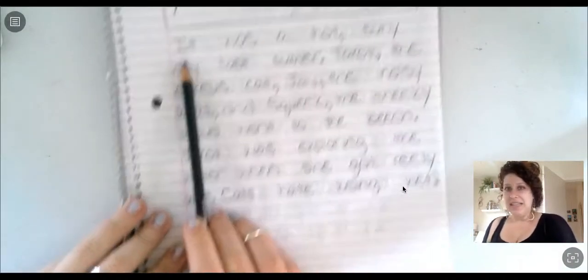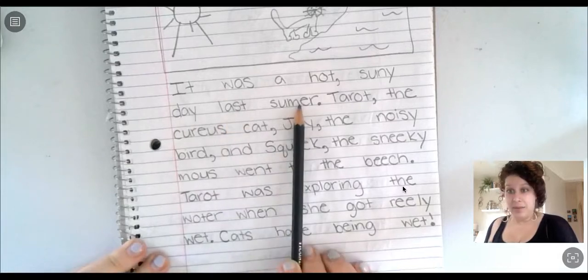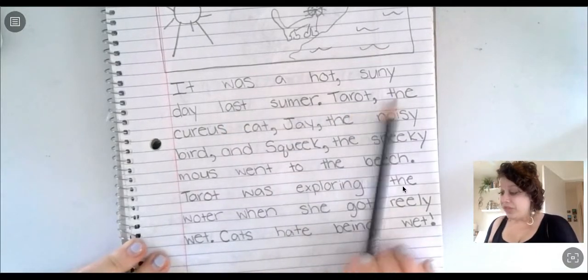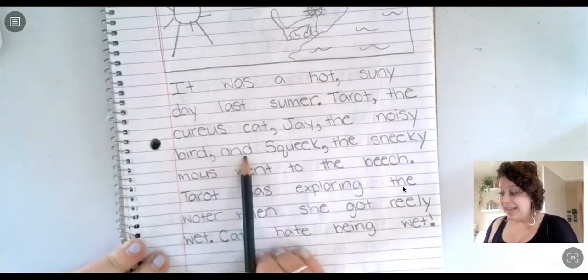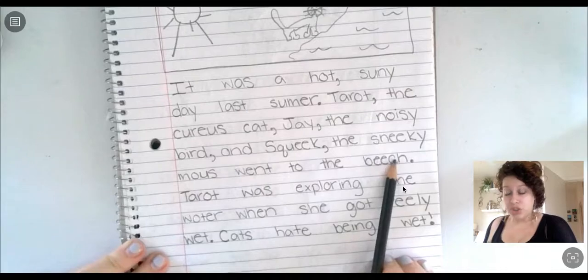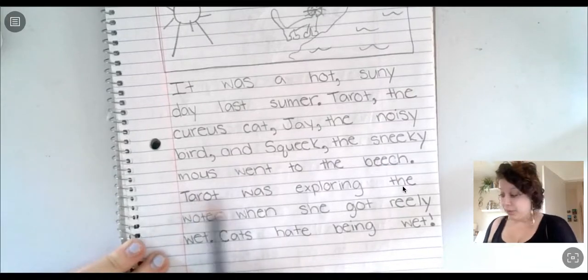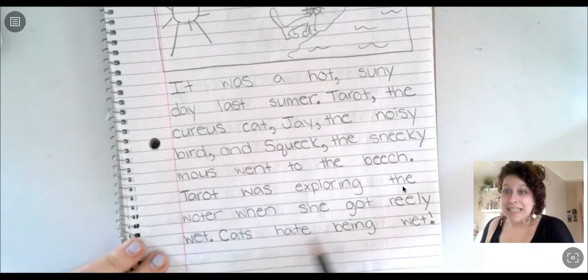It says, it was a hot, sunny day last summer. Taro, the curious cat, Jay, the noisy bird, and Squeak, the sneaky mouse, went to the beach. Taro was exploring the water when she got really wet. Cats hate being wet.